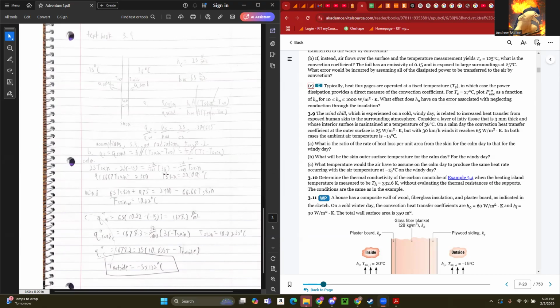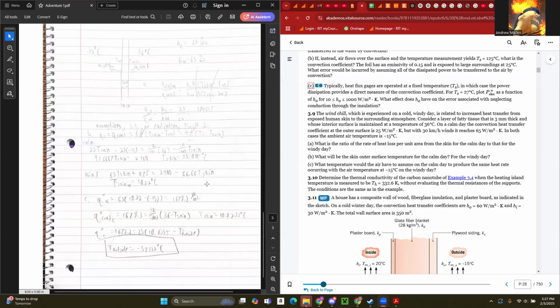So pretty much here, we're now looking at a much lower outside temperature than initially, with the calm day convection coefficient. It would probably change if the temperature changed that drastically, but convection is annoying to figure out, so we're just going to go through with this.